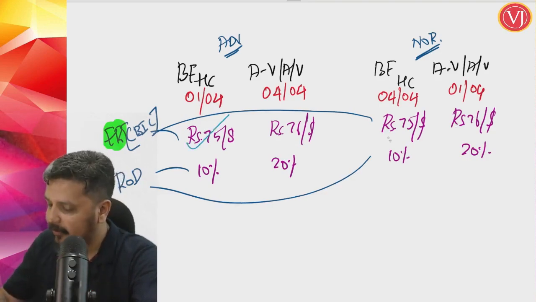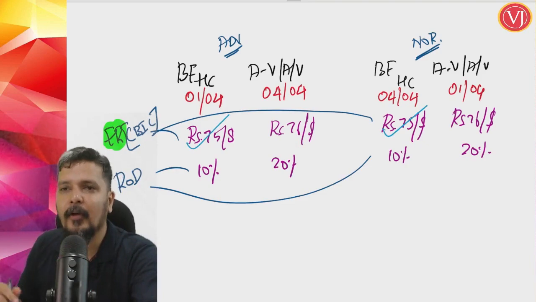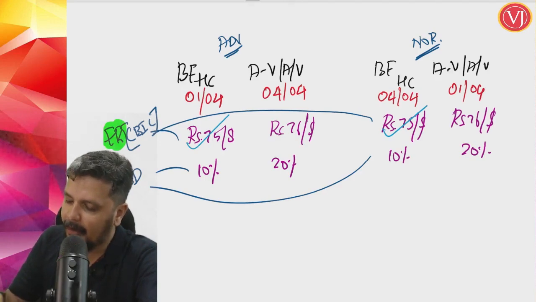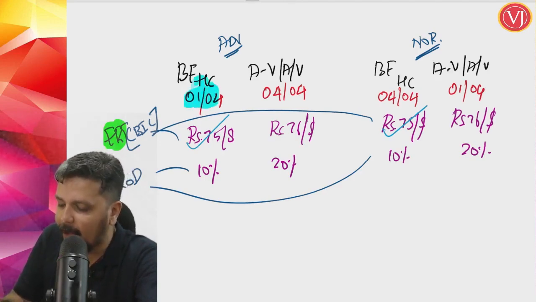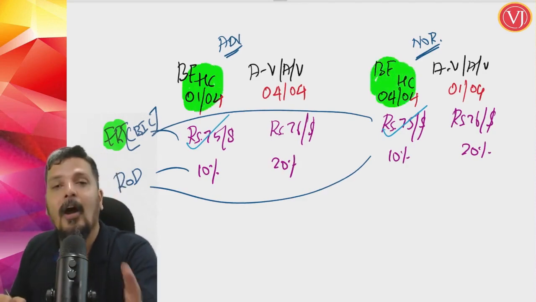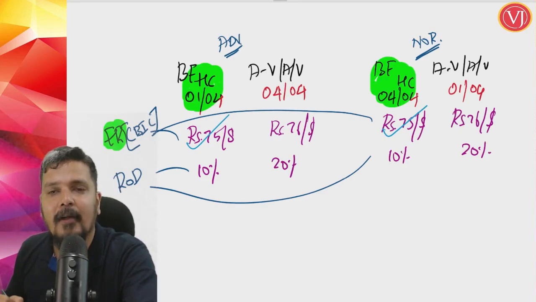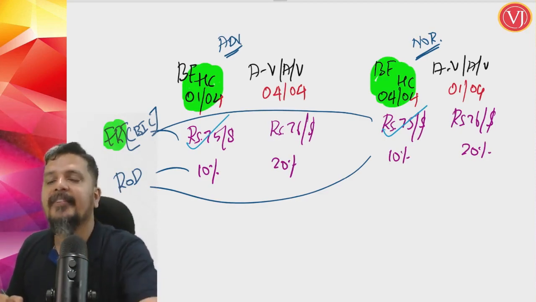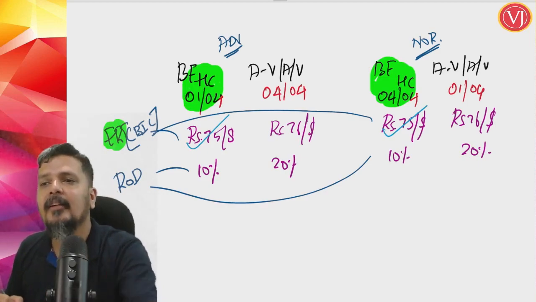Here it is again 75 rupees because you are going with the bill of entry. Here the bill of entry was filed on 1st April. Here the bill of entry was filed on 4th April. For exchange rate, there is no other answer. Go with the bill of entry.